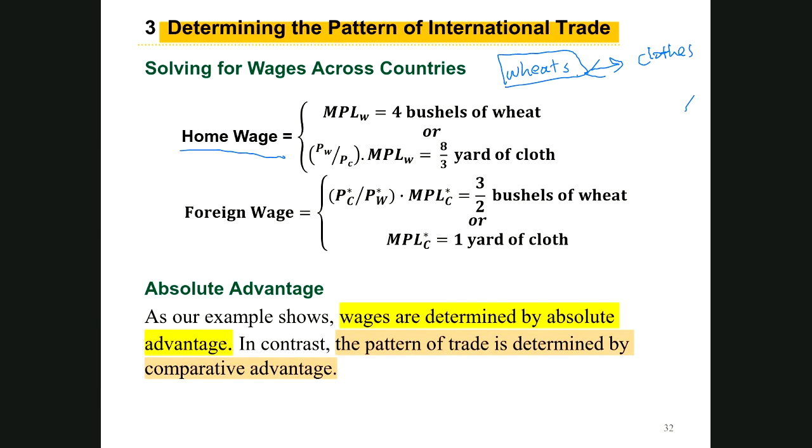So everything in terms of the wheat, this is the wage of the labor in the wheat industry, because both goods are in a competitive market, the perfect competition market assumption, right? We assume the goods are in perfect competition, so the wage of the worker should equal the marginal productivity of the worker. Okay, so this is something in the home country.